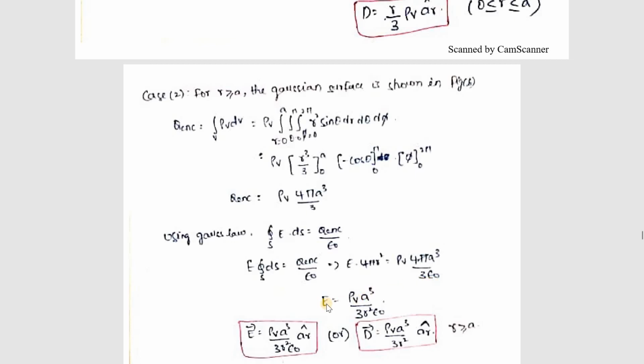And therefore E is equal to rho v a cube by 3 r square epsilon naught into ar, or D is equal to rho v a cube by 3 r square into ar, if we bring epsilon naught here. This is for r greater than or equal to a. So this is about Gauss law and a few applications of it. Thank you.